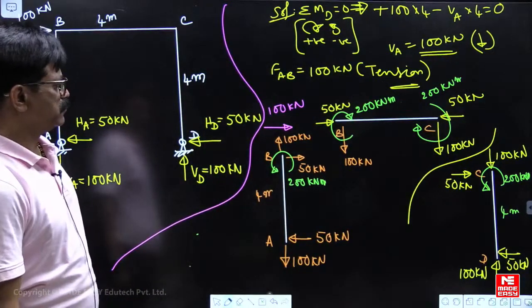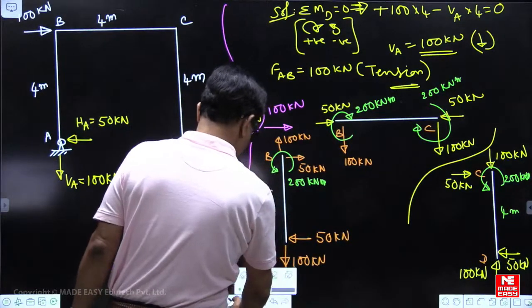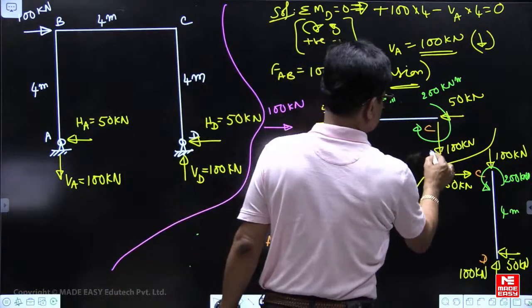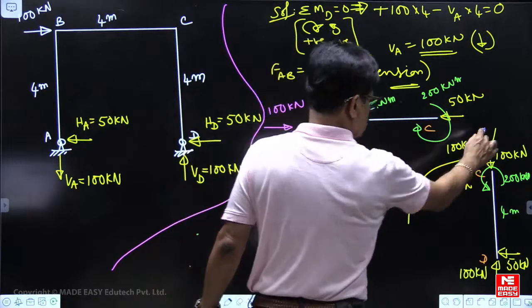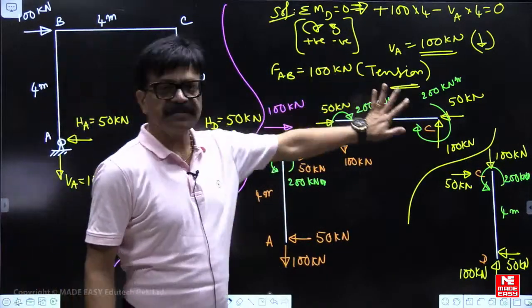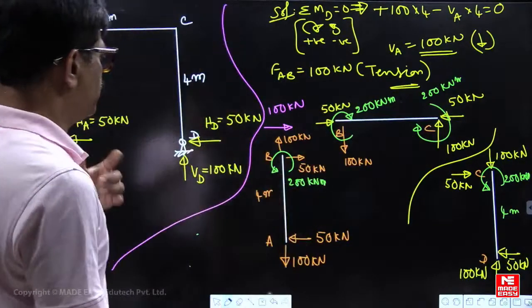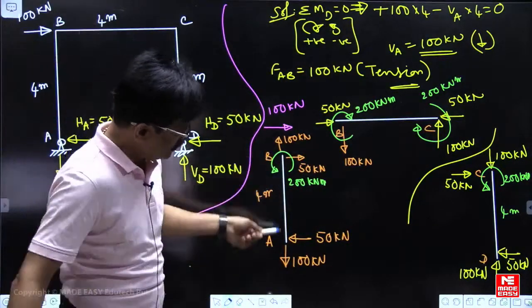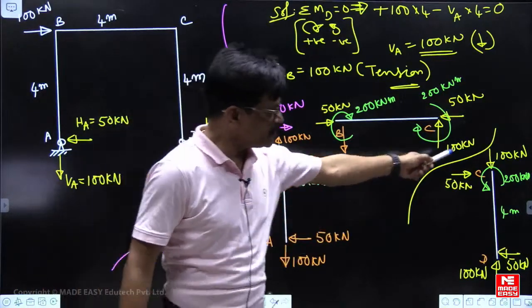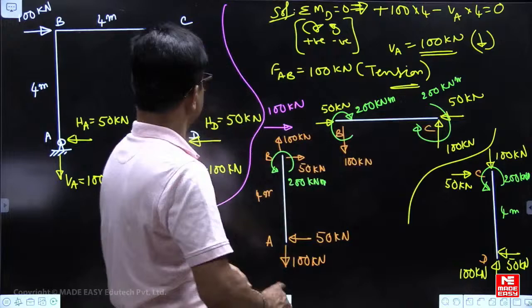Down, this is up. This is down, this should be up. Now each free body diagram individually is completely in equilibrium. So they can ask you what is the axial force in AB, or the axial force in CD, or the axial force in BC.